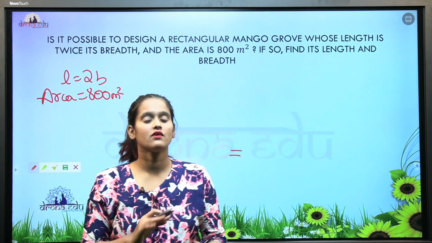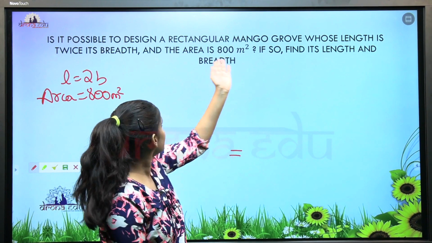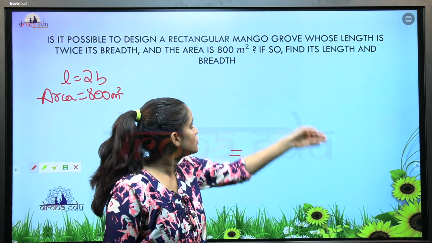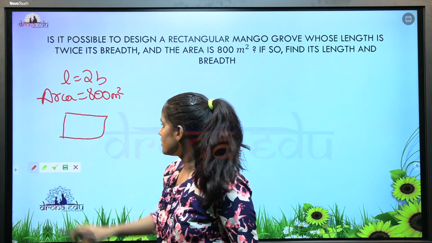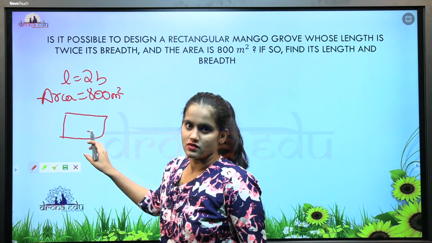If so, find its length and breadth. If it is a rectangular mango grove, you need to find the length and breadth of this.